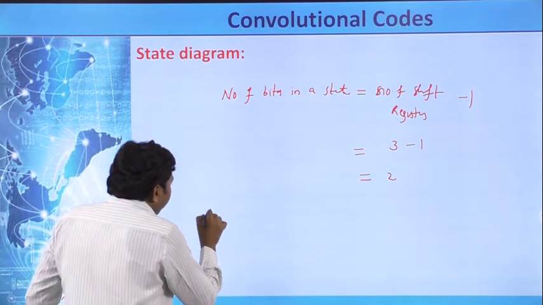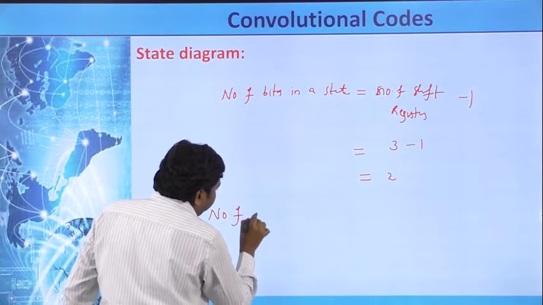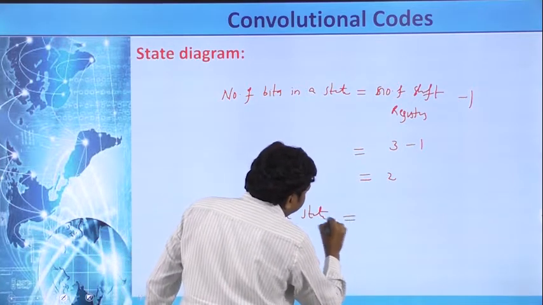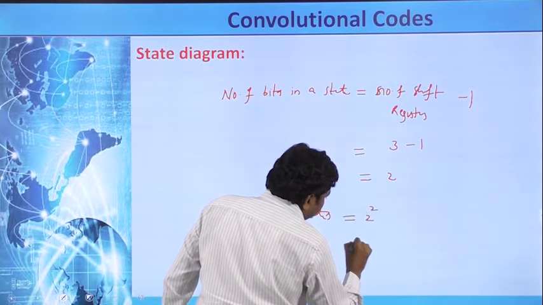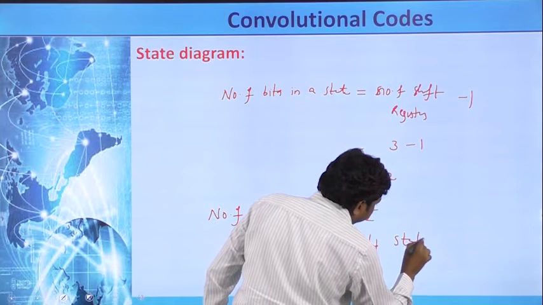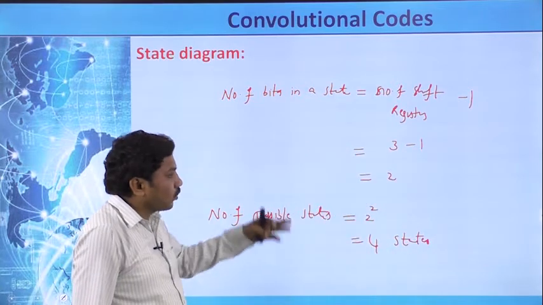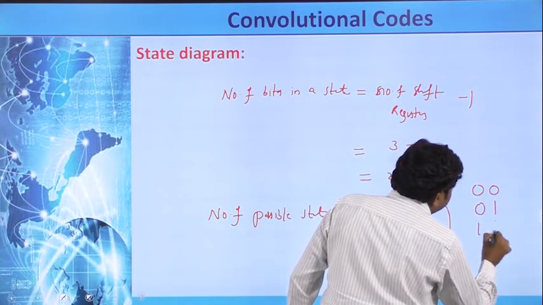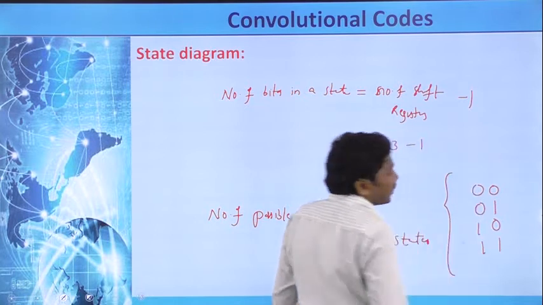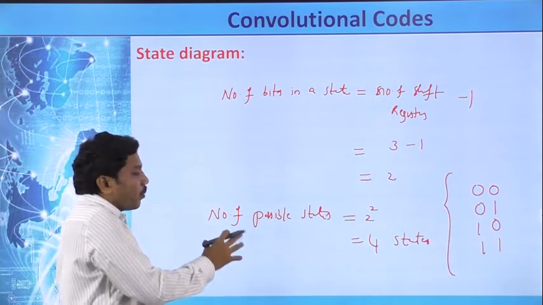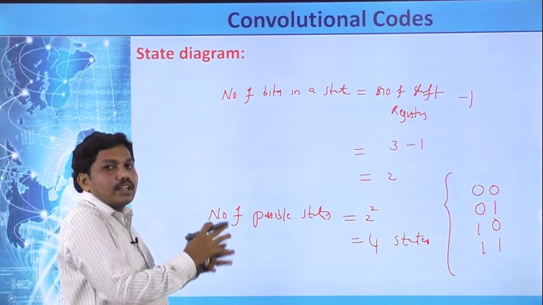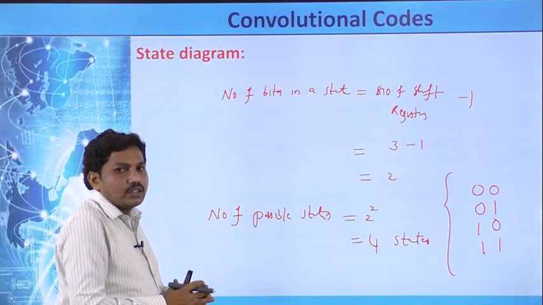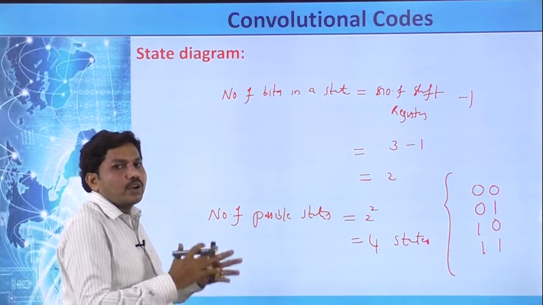So the number of possible states is 2 power 2, that is 4 states. What are those 4 states? 00, 01, 10, 11. So these are the states. The number of possible states in a convolutional encoder is 2 power 2, so 4 possible states: 00, 01, 10, 11.